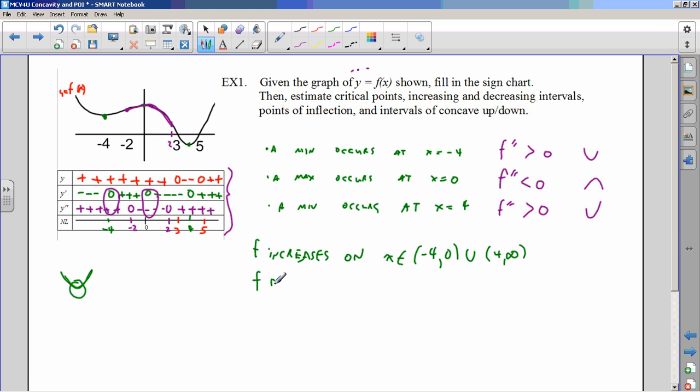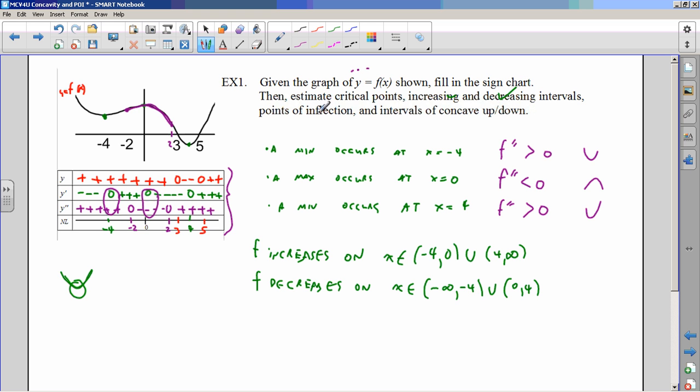Then f decreases elsewhere, but we'll list it: -infinity to -4, and 0 to 4.